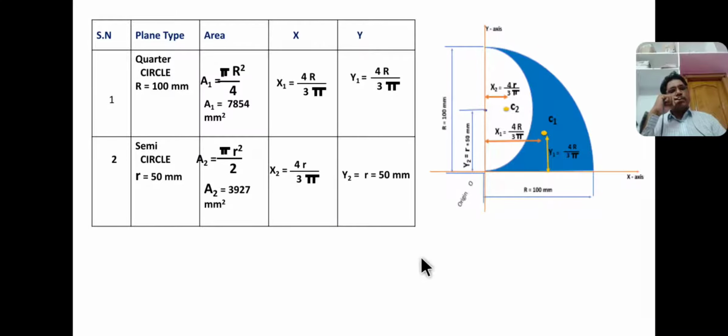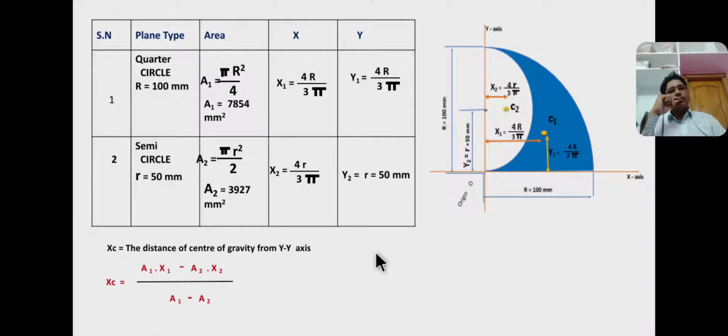Now from the general expression, x is the distance of centroid or center of gravity from y-axis, and x equals A1 x1 minus A2 x2 by A1 minus A2. Why am I taking a minus sign for area 2? Because the given entire section is a quarter circle as section 1 which is solid, and section 2 is hollow, so you have to subtract area 2 from area 1.